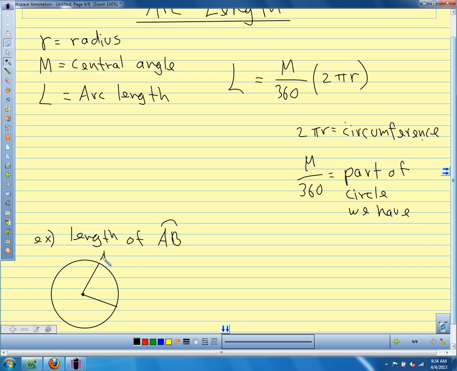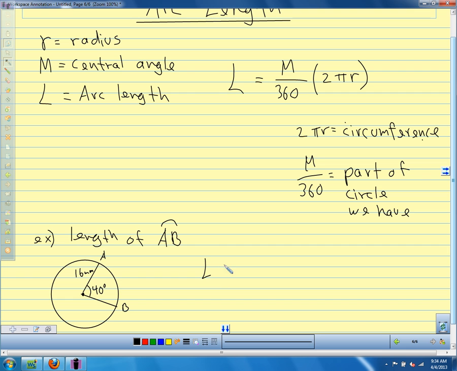There's A, there's B, this is 40 degrees, and we have 16 millimeters for the radius. So this one should be an easy problem. We're just plugging into our formula.